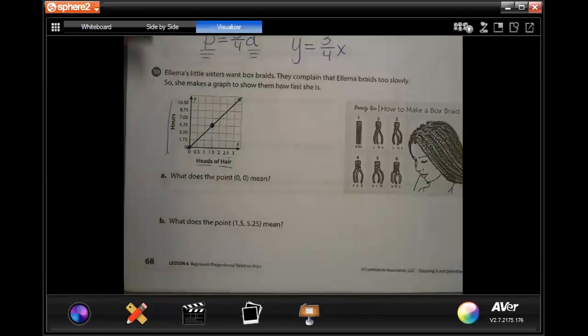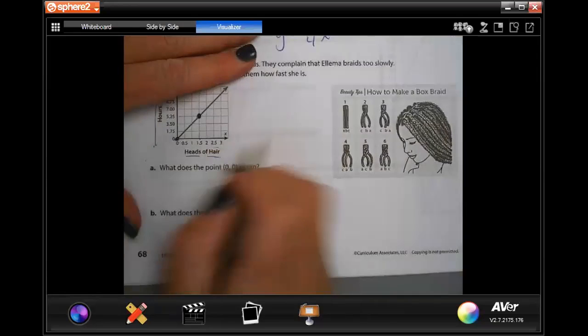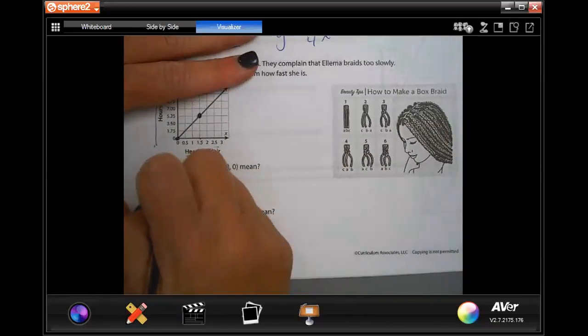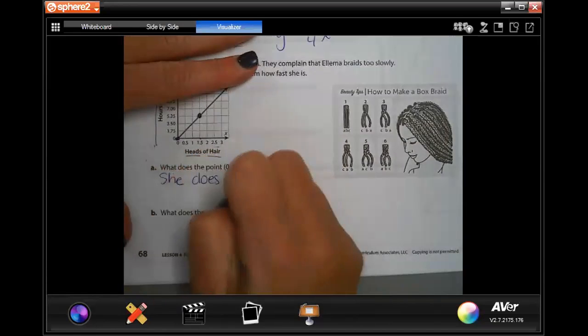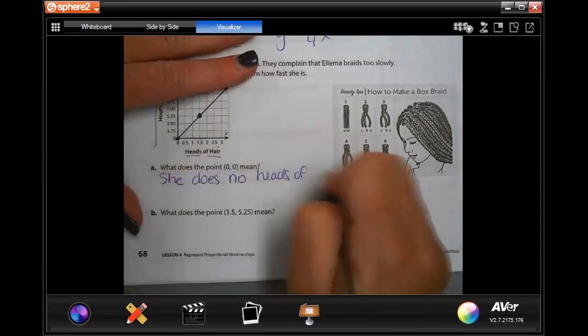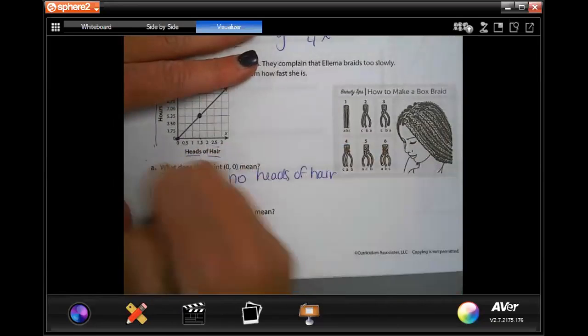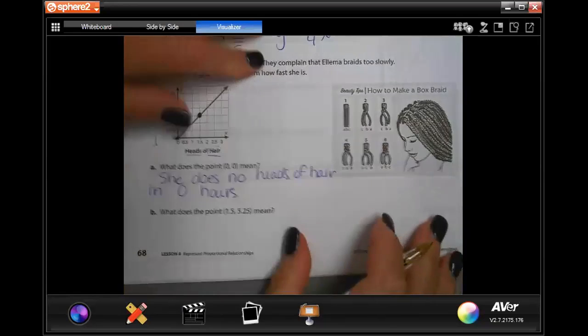All right, so what we found out is that 0, 0 means she does no heads of hair in 0 hours. Okay? All right, that's what that means.